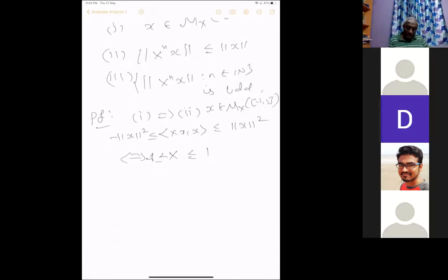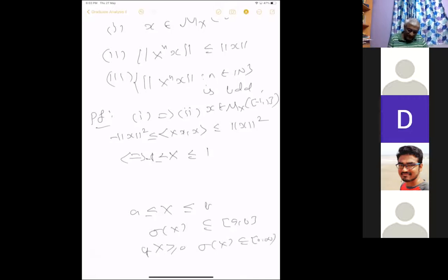So the point is, if x is between B and A, for a self-adjoint operator, then the spectrum of x is contained in [A, B]. The same trick we can use, or we have already proved that if x is greater than 0, then the spectrum of x is contained in [0, infinity). So if x minus something is greater than 0, then the spectrum is contained in the corresponding [A, infinity).